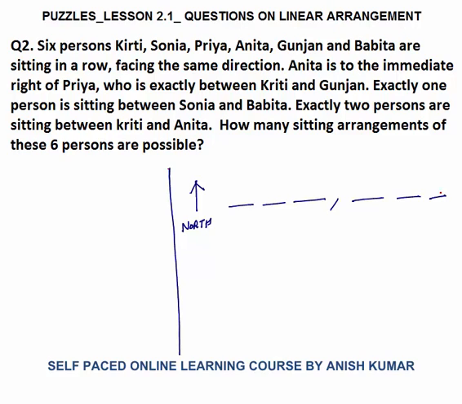Anita is to the immediate right of Priya. This is the first symbolic notation. Priya is exactly between Kriti and Gunjan. Exactly between and between have a difference. Exactly between means exactly at the middle between Kriti and Gunjan.